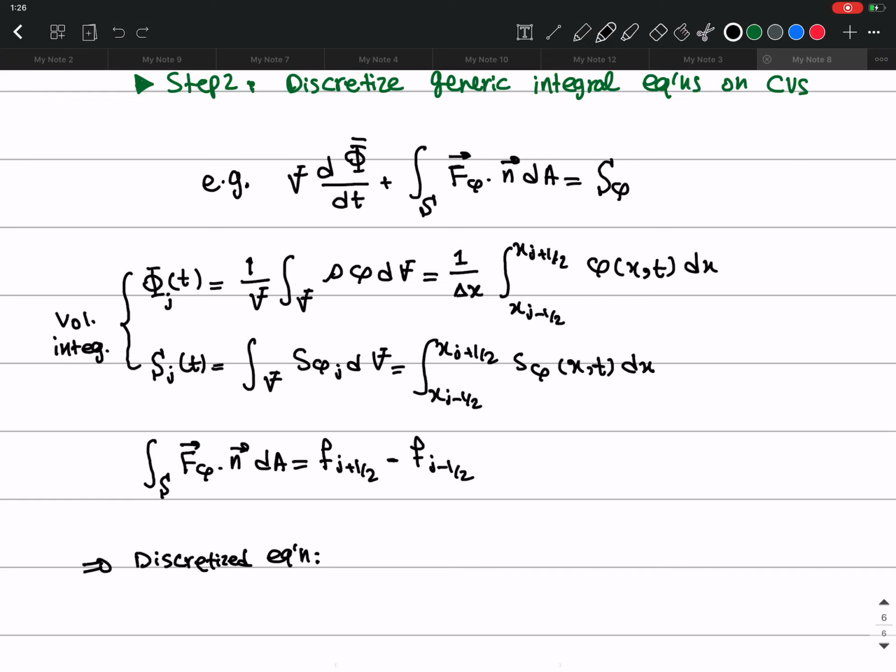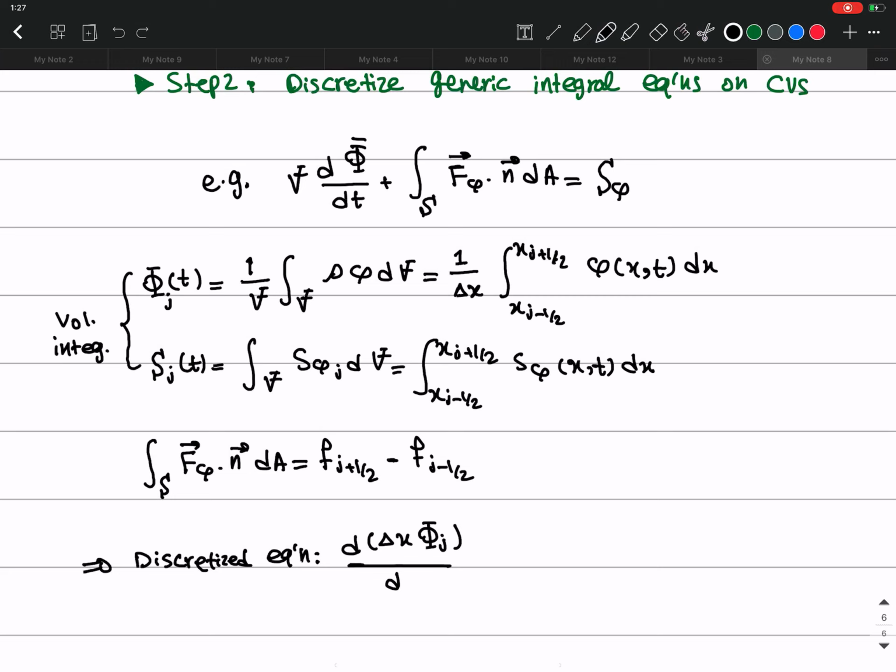I'm going to have d delta x phi bar j over dt, and I have a V here, right?